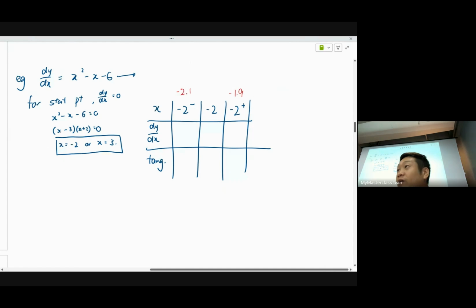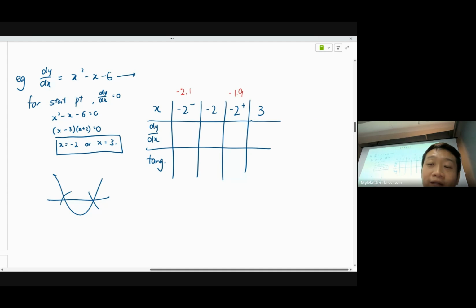When you have two stationary points like that, you can combine the two into one table. You don't have to do two tables, because -2 plus is considered 3 minus. Not very common lah. -1.9 is considered 3 minus. Because these are the two values within your range that have dy/dx equals 0.